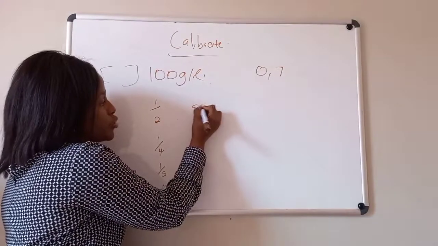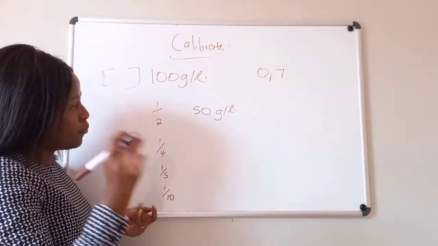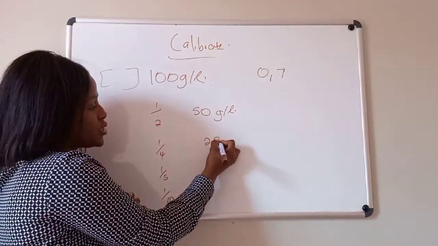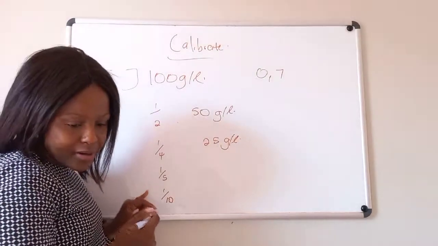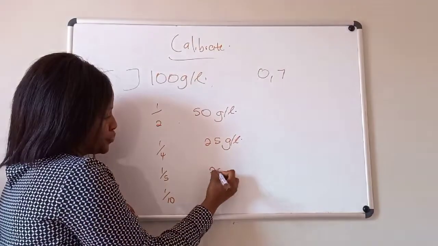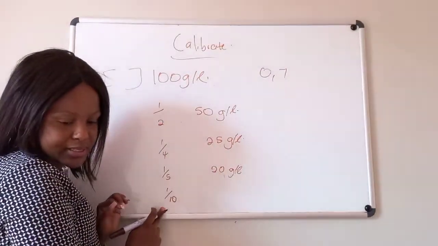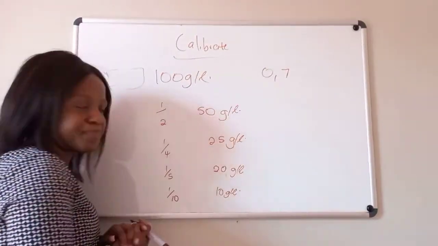For a 1 in 2, the concentration is supposed to be 50, because it's half of 100 grams. For a 1 in 4, which is the quarter, it's going to be 25 grams per liter. For a 1 in 5, it will be 20 grams per liter. And for a 1 in 10, you will get 10 grams per liter.